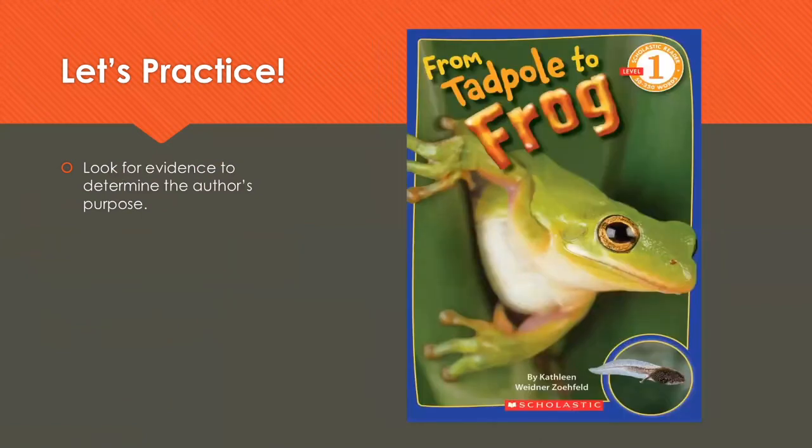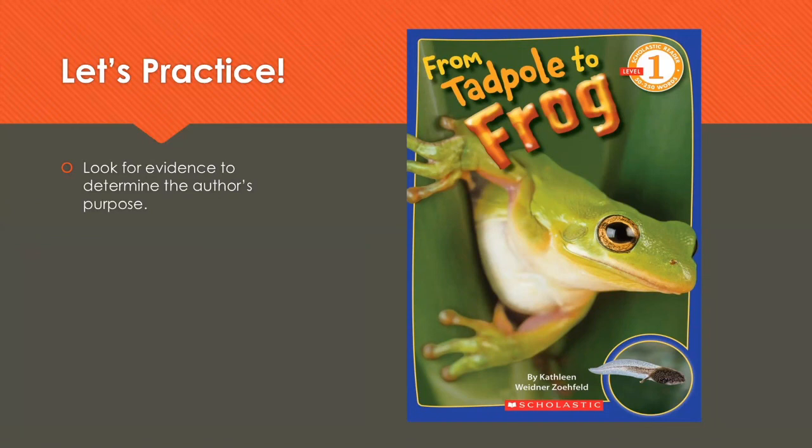Let's practice some more. Look for evidence to determine the author's purpose on this book called From Tadpole to Frog, written by Kathleen Weidner Zoehfeld. Look at the image on this cover.